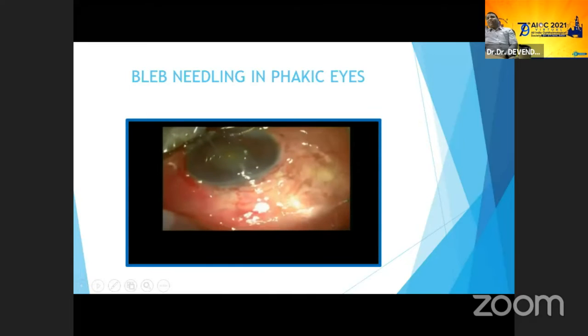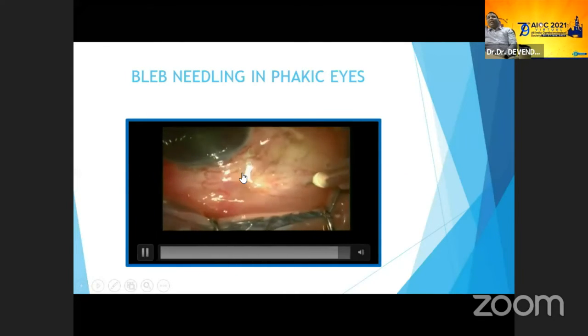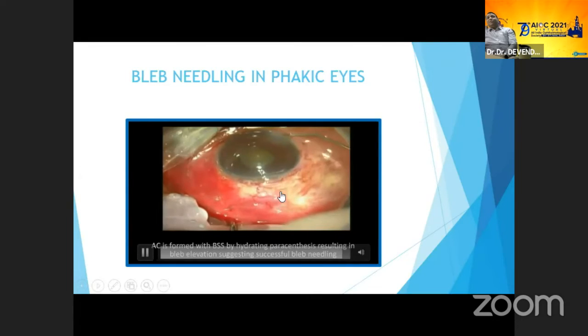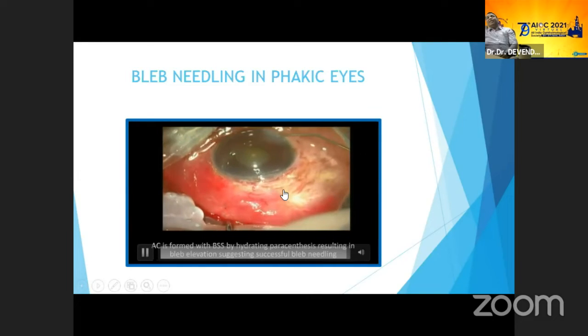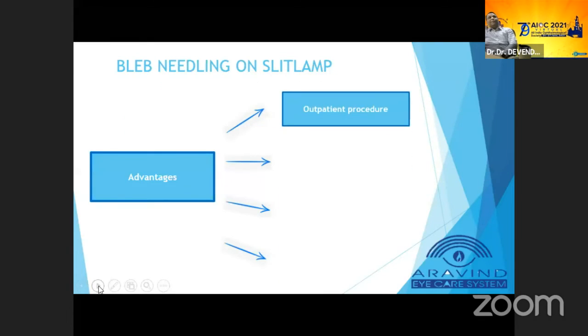I didn't find my flap. Then again I moved here, and somewhere under here is the flap. So I just move under the flap, and then the bleb. My AC became a little bit shallow, and fluid egressed from the anterior chamber, and it was a successful bleb needling.